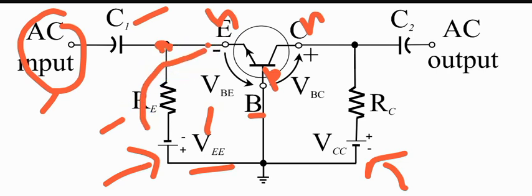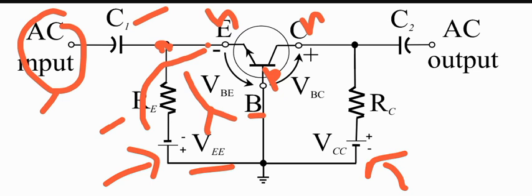Because of this, the junction, which is called the base emitter junction, is forward bias, and we call the voltage across it VBE, where base is positive with respect to emitter, and that is how it is biased. So this VBE across the junction, which is forward bias, is applied.